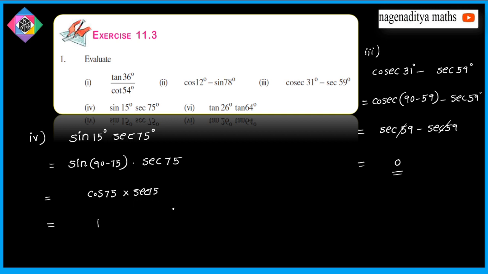Cos theta into secant theta is 1, tan theta into cot theta is 1, sin theta into cosecant theta is 1. That is why this value becomes 1.